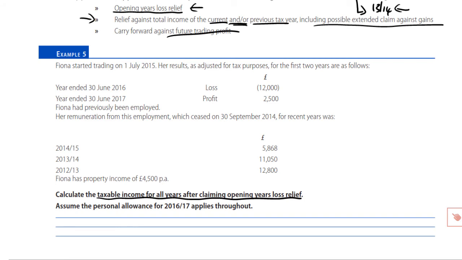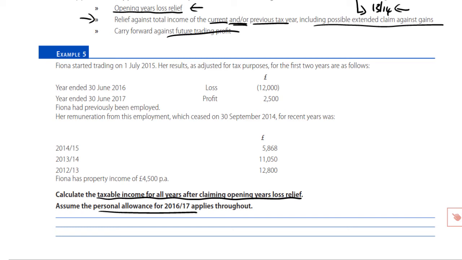Assume, as there are so many years to look at, that the personal allowance for 16-17 applies throughout, so a standard £11,000. But to begin with, like in example 4, before we can start to deal with the application of the loss reliefs, you've got to calculate what losses and for which tax years they have arisen.